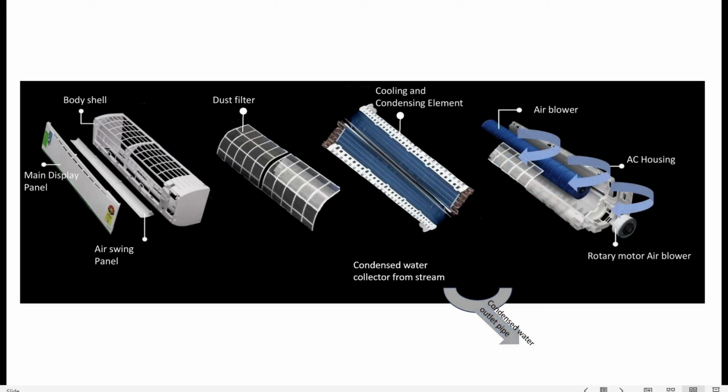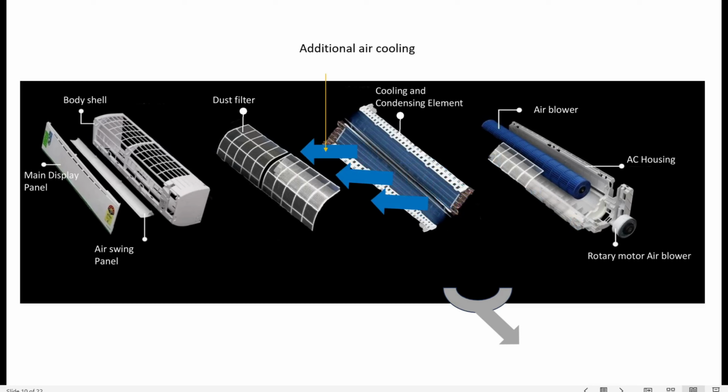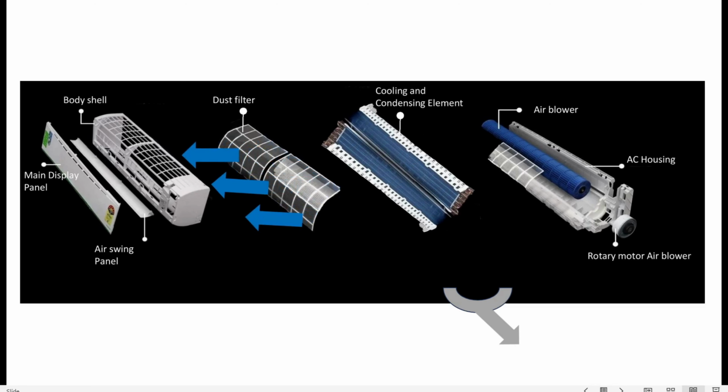It goes to the rotary motor air blower, which turns the airflow 180 degrees. There is additional air cooling on the cooling and condensing element, and after that the airflow is exhausted through the air swing panel.